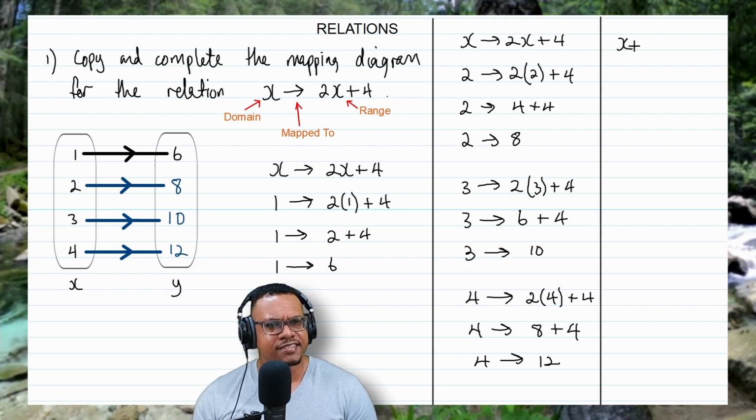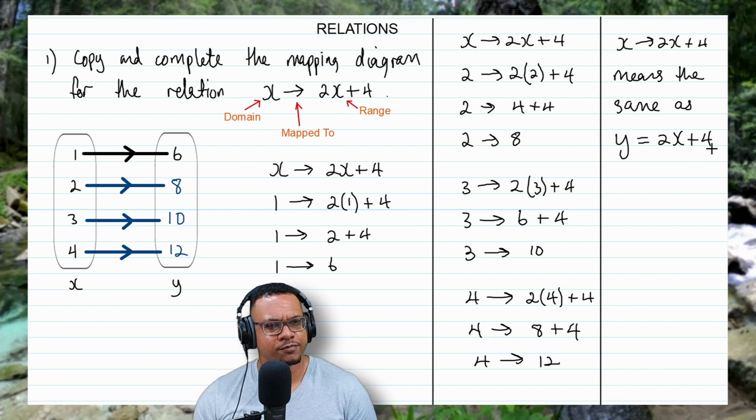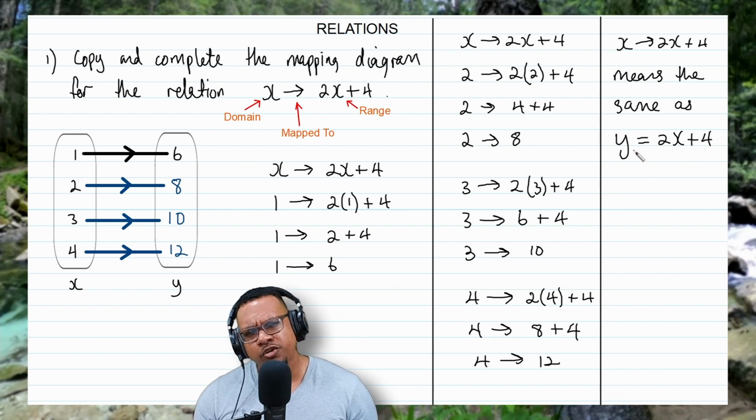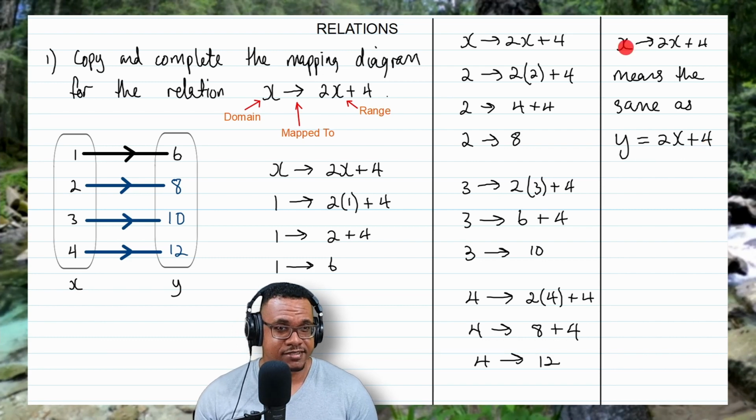So I'll put that x is mapped to 2x plus 4 means the same as y is equal to 2x plus 4. So if we had our relation in this form, y is equal to 2x plus 4, which means the same as x is mapped to 2x plus 4.